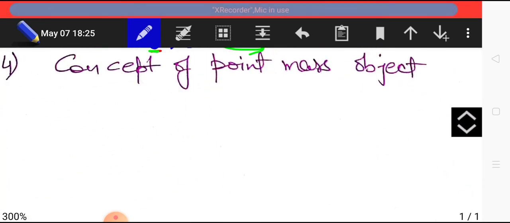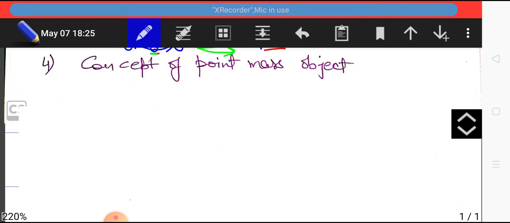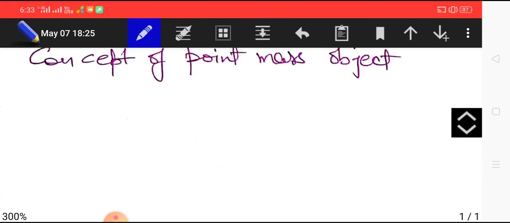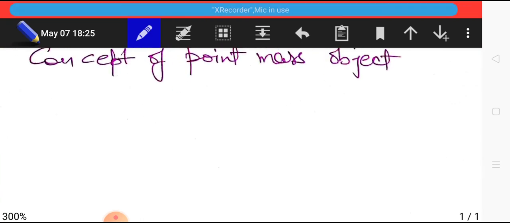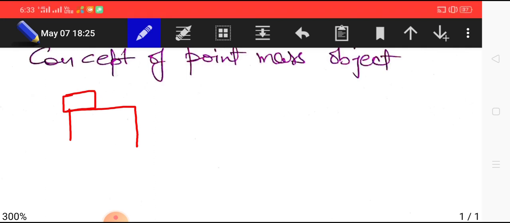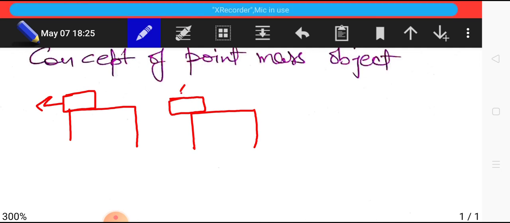Then there is the concept of point mass object. This is a very important concept, pay full attention. When an object is moving, like I'm considering a table, and on this table a book is placed. Now if you move this book to the left hand side, you will reach this point, and you know that if you move it any further, this book will fall.